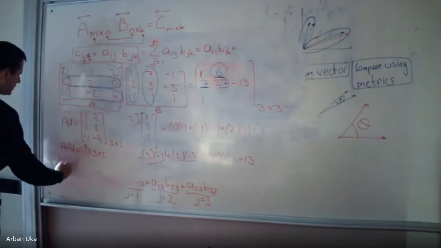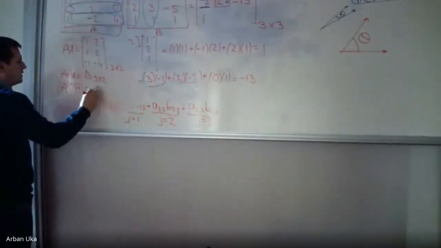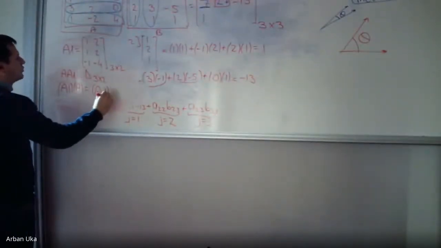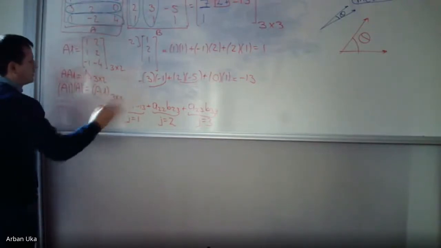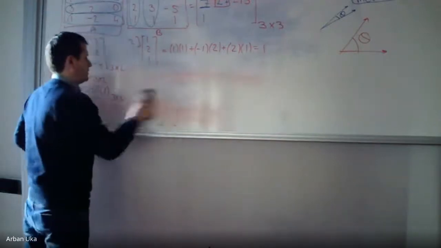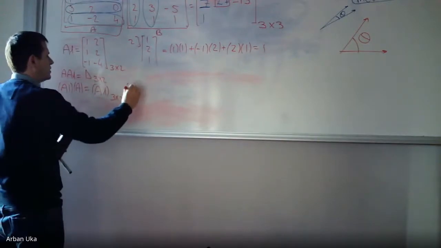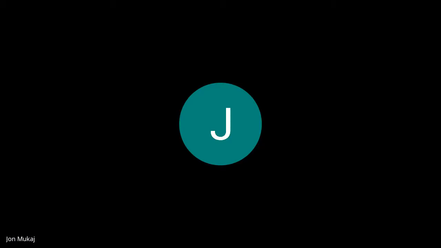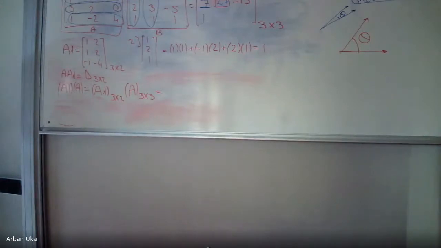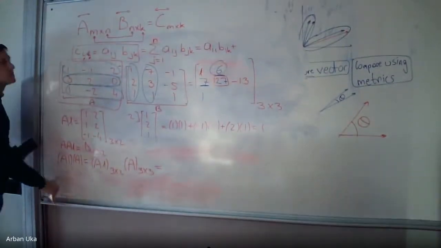And what is A1 times A? A1 is a matrix which is 3 by 2, and we want to multiply it with a matrix A, which is 3 by 3. Let's not forget the definition of the multiplication of two matrices, which is here.